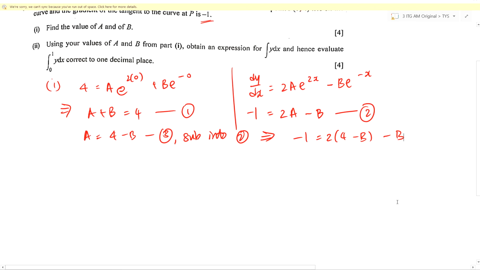So solving a simultaneous equation is just very mechanical. So b value is 3. Substitute it back into our equation number 3. We have a equals 4 minus 3, which is 1. So quite quickly, we have our values of a and b already.